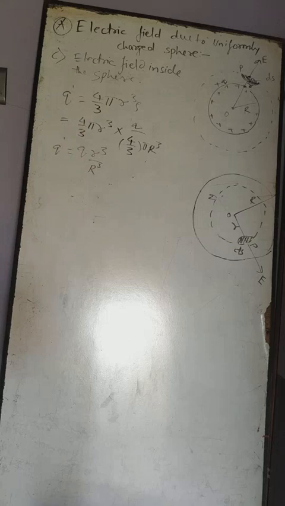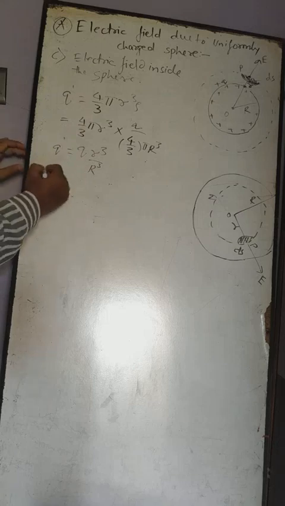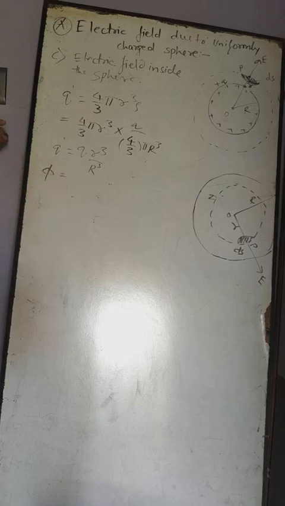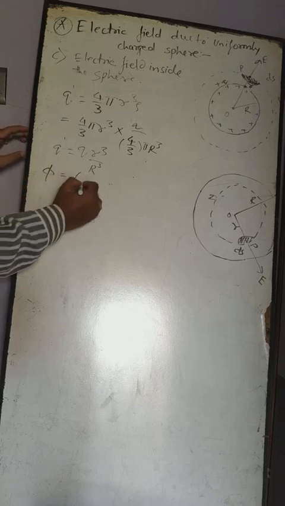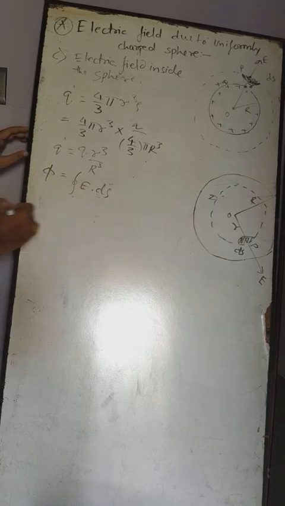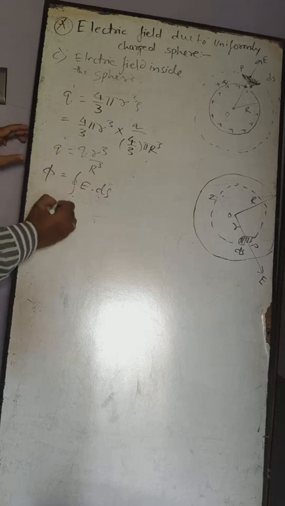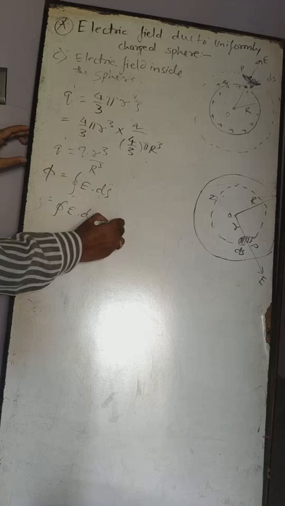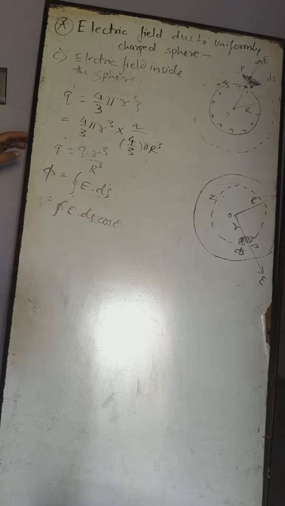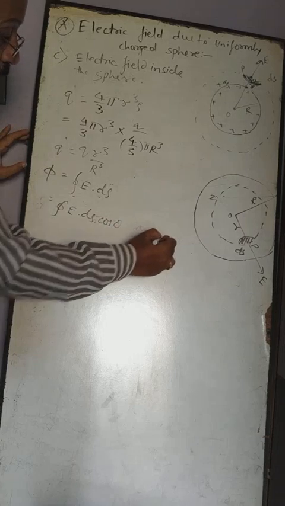Now the magnitude of the electric field: we know that the flux on the Gaussian surface is given by phi is equal to integration over the closed surface E into ds cos theta. Here theta is equal to 0 degree.